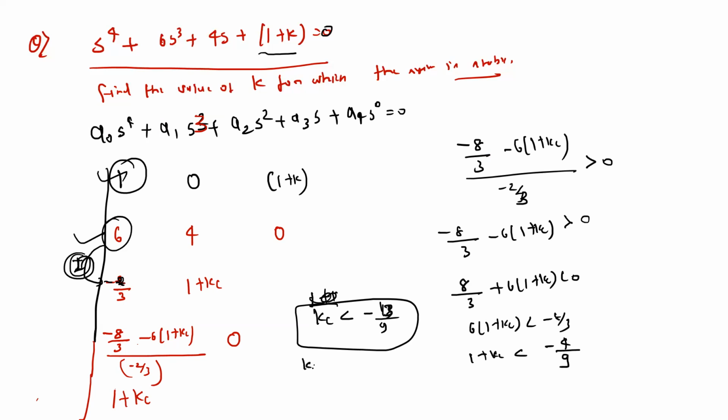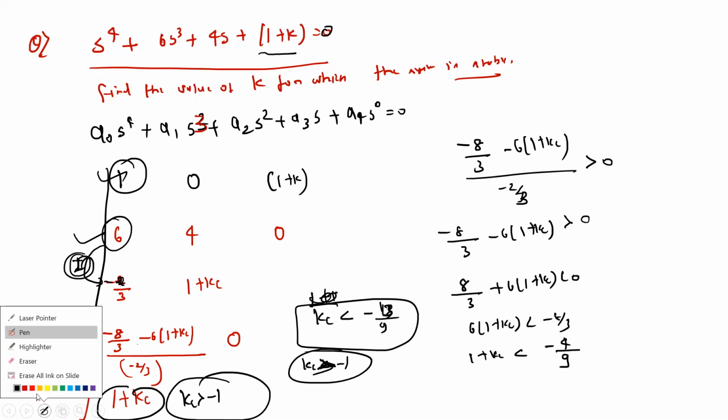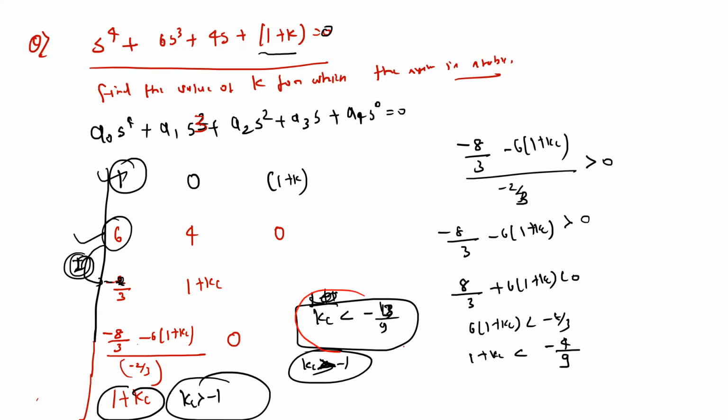So here we are getting Kc should be less than minus 13 by 9. And from this one, Kc should be greater than minus 1. Sorry, Kc should be greater than minus 1, right? So the system will be stable. Now here two things are there, right? One is Kc should be less than minus 13 by 9 and Kc should be greater than minus 1.